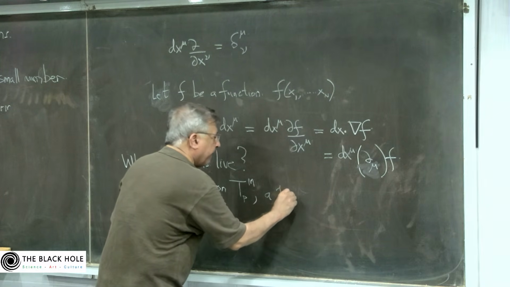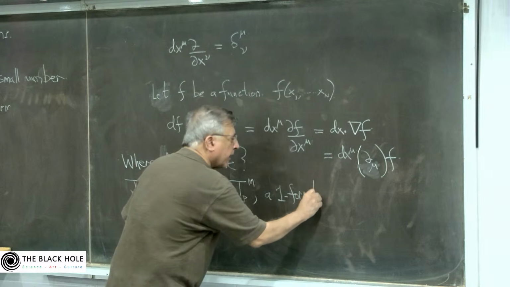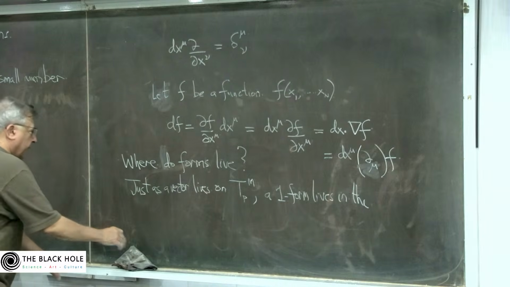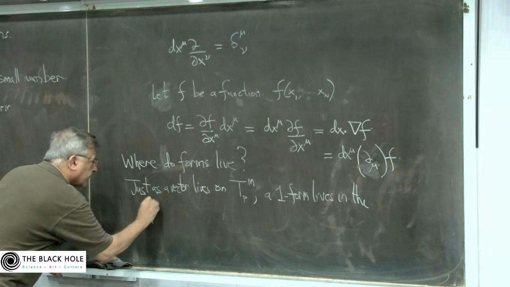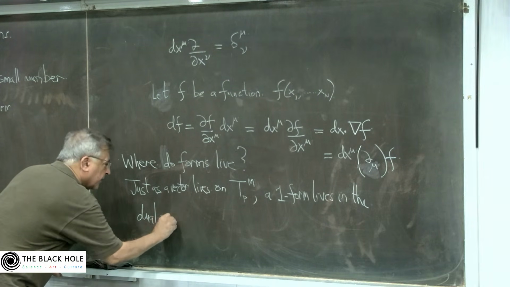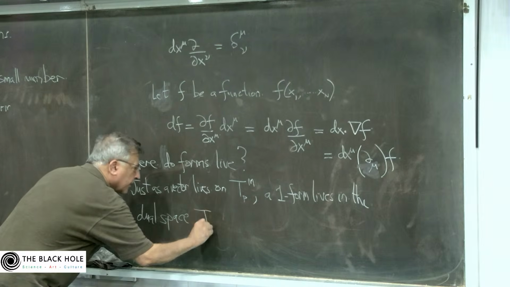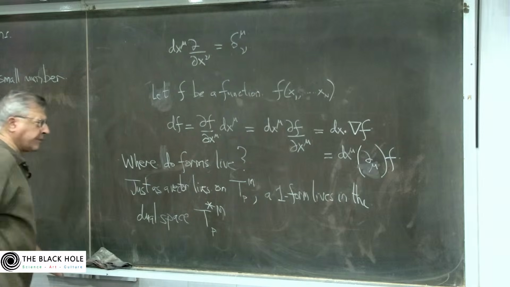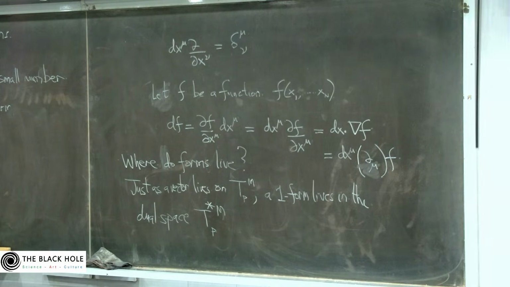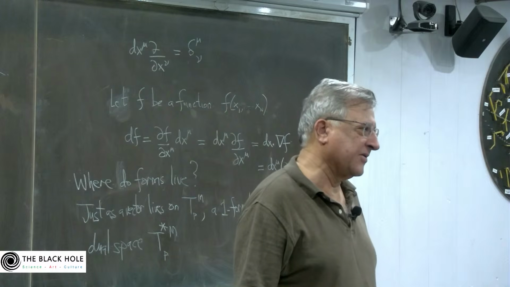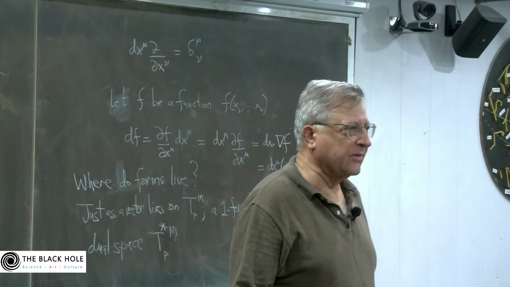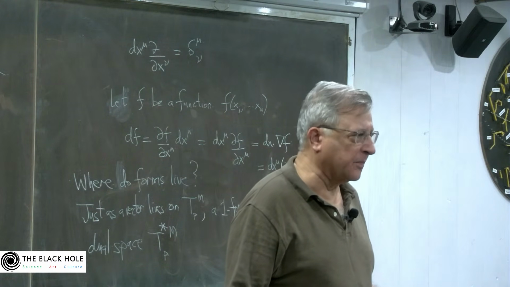a one form lives in the dual space T star M. So just as many one forms exist as there are vectors, and of course there's one tangent space, one tangent plane at every point on the manifold.